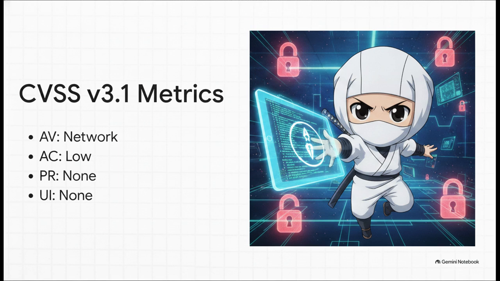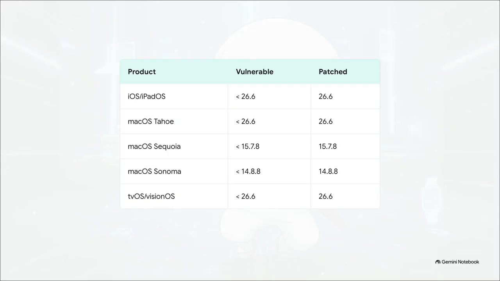And perhaps most dangerously, user interaction is absolutely zero. Exploitation requires zero involvement from the target user. To top it off, the Stakeholder-Specific Vulnerability Categorization, or SSVC, has marked this threat as automatable, carrying a total technical impact.